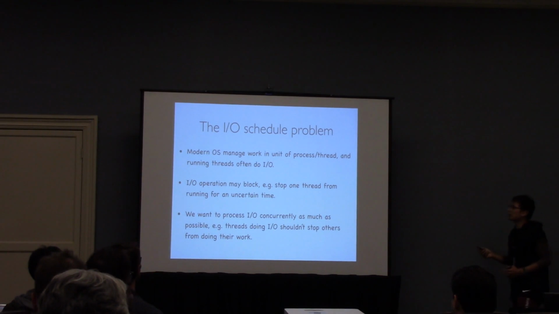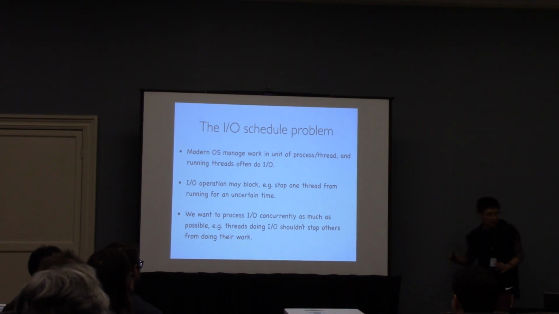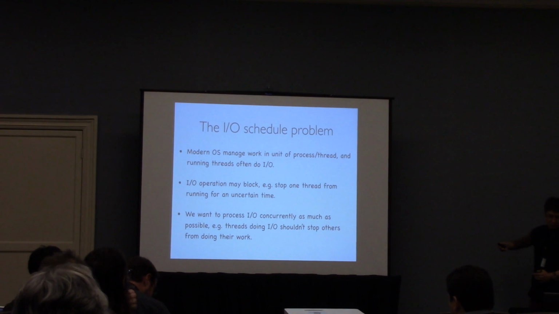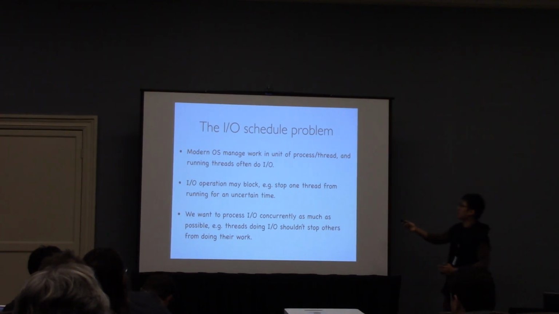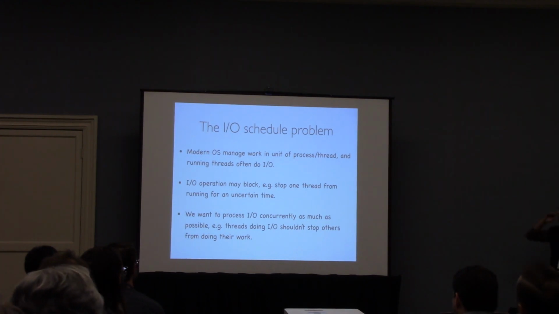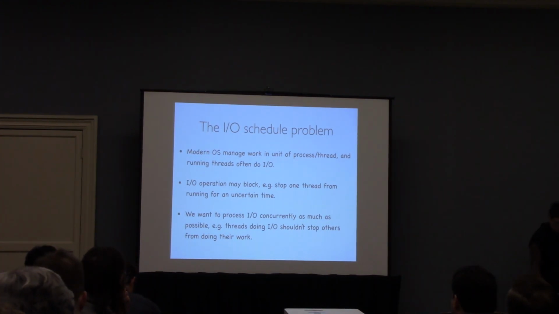Now we want it to stop on its own, but it won't stop all the other threads. So this is basically how the problem is. In the GHC case, this is not an OS thread, it's a GHC lightweight thread. We want that one thread doing I/O won't stop others from doing work.